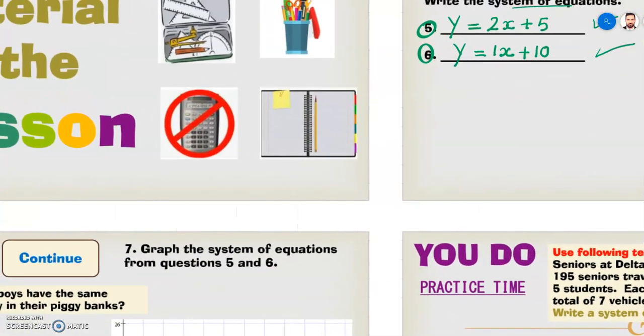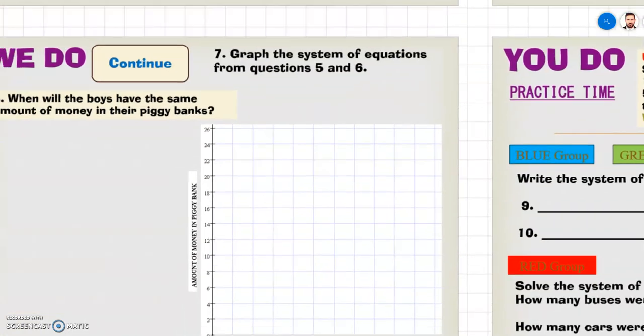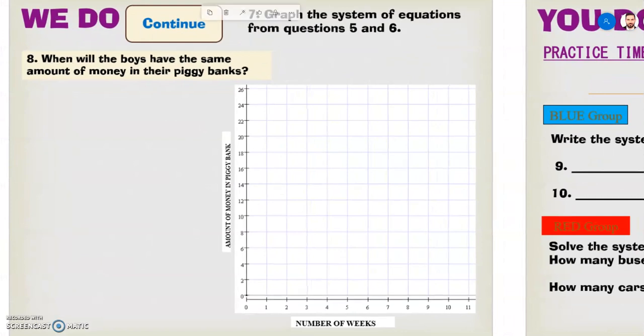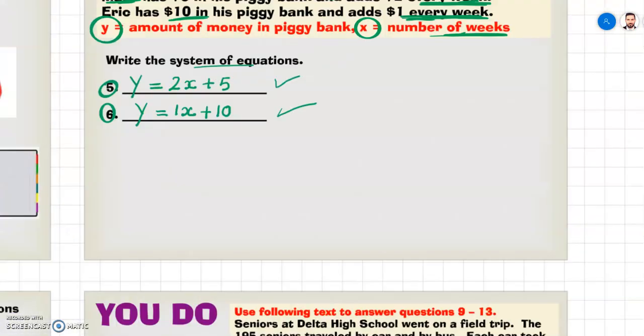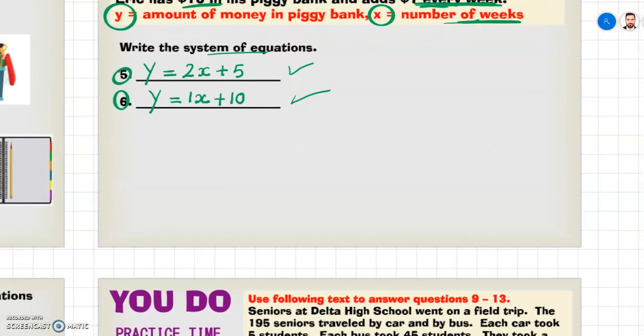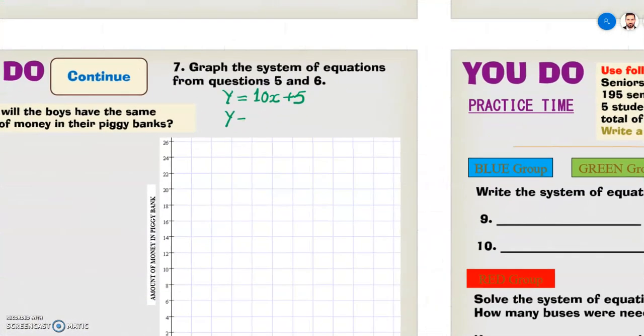But remember, we have y equals 2x plus 5 for Mark, and y equals 1x plus 10 for Eric. Let me write it here.